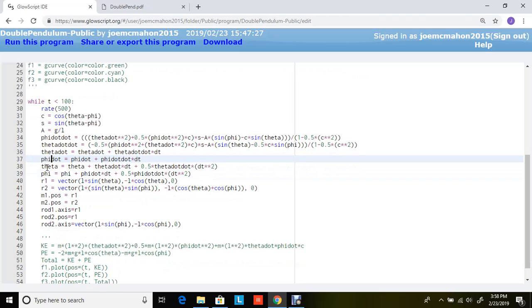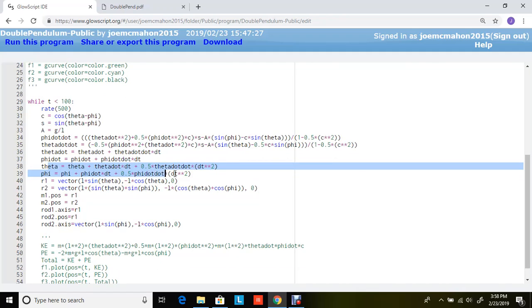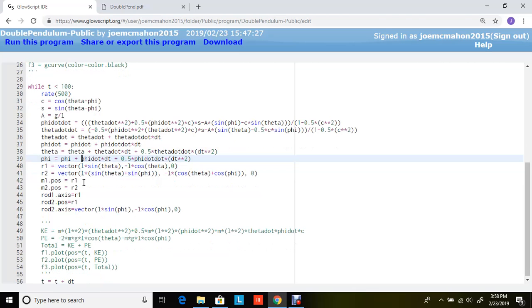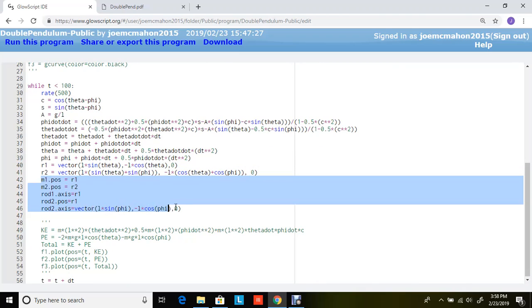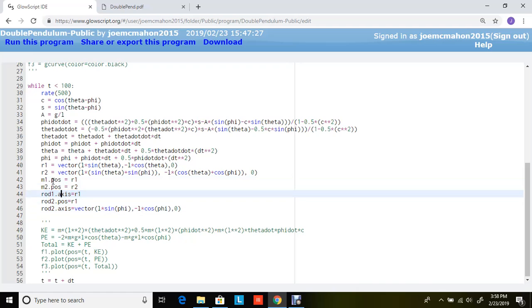And then we use both the velocities and the accelerations to update our positions. And these are all generalized positions, generalized velocities, generalized accelerations. I just don't want to say generalized so much. And then here we update our position vectors of the masses. And then these 5 lines just update all the visuals. So the rods and the masses, just their positions.